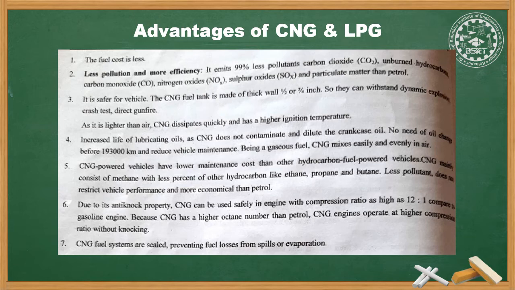Due to its anti-knock property, CNG can be used safely in engines with a compression ratio as high as 12:1 compared to gasoline engines. Because CNG has a higher octane number than petrol, CNG engines operate at a higher compression ratio without knocking. CNG fuel systems are sealed, preventing fuel losses from spills or evaporation.